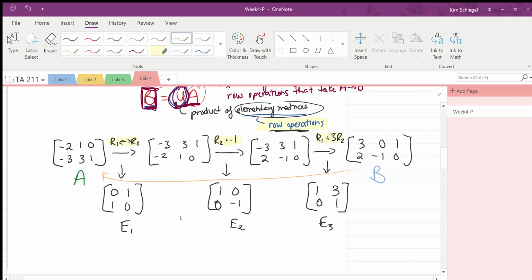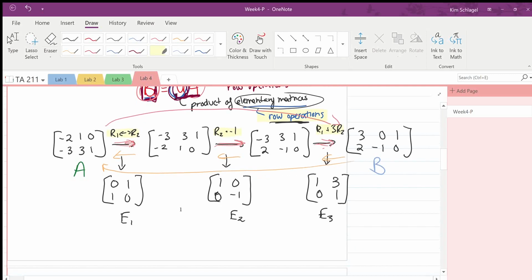So we had to go backwards and figure out what the inverse of it was so that we could write A as that. But now we want to find B here. We want to write B as the product of elementary matrices, right? So we don't have to do the inverses here because we're already going in the right way. We're going from A to B.